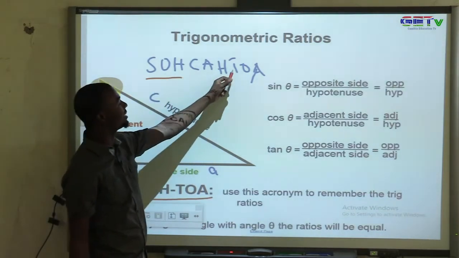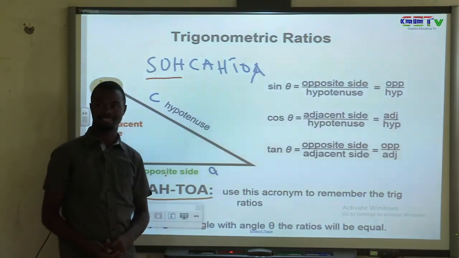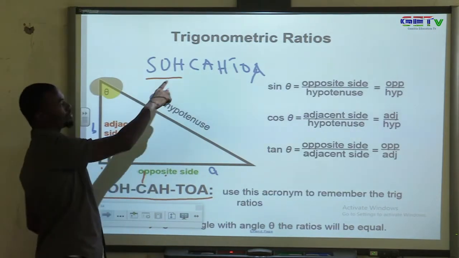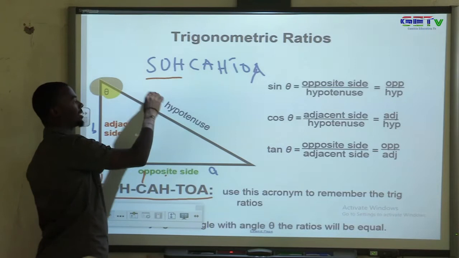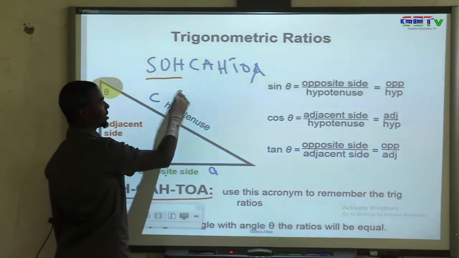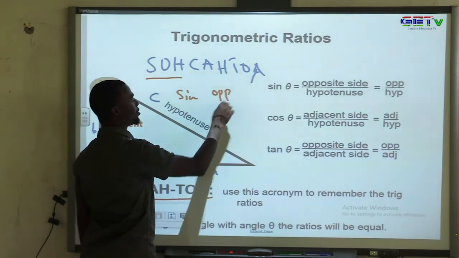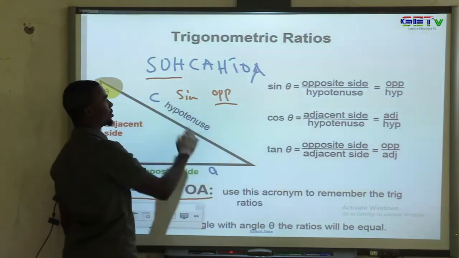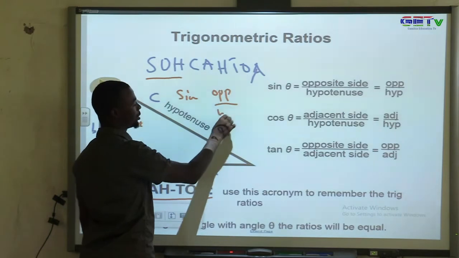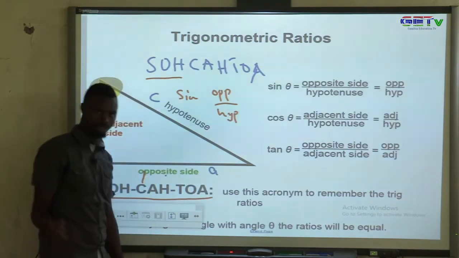Then the other one is T. T there is tan. Now, if you have SOH, meaning S is sine, sine will give you opposite over hypotenuse.